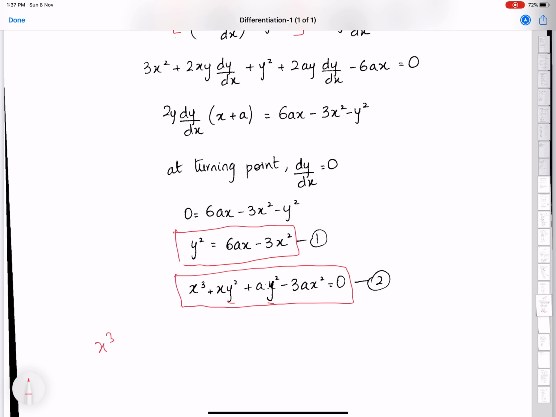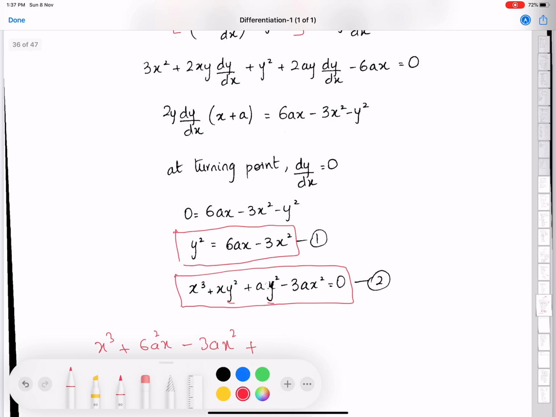So x cube, 6a square x, in fact, minus 3ax square. Let me correct this. This is xy square.